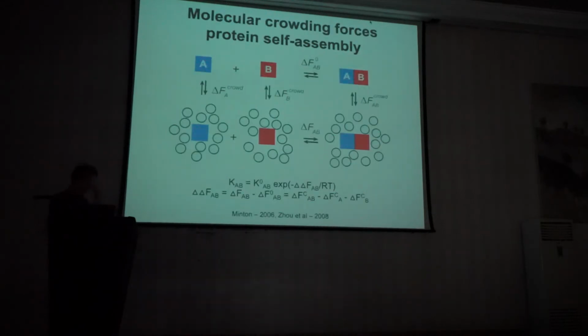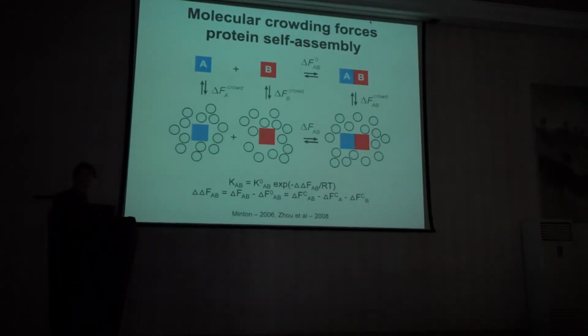This is a one-slide thermodynamics that explains what we see. You take A plus B in a chemical reaction, they self-assemble, you have your free energy. If you do that in the presence of macromolecules, here there is only A and B in water, and in the macromolecules, you get a delta of delta F. A plus B here is the same A plus B, but in the presence of macromolecules. What you do, be careful, is a delta of delta F: delta F_AB minus delta F_0.